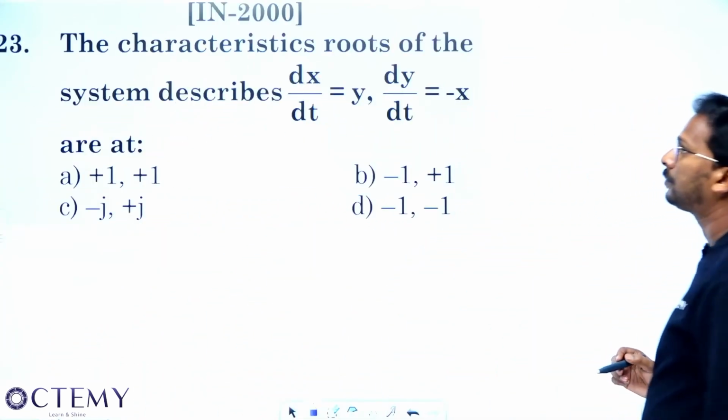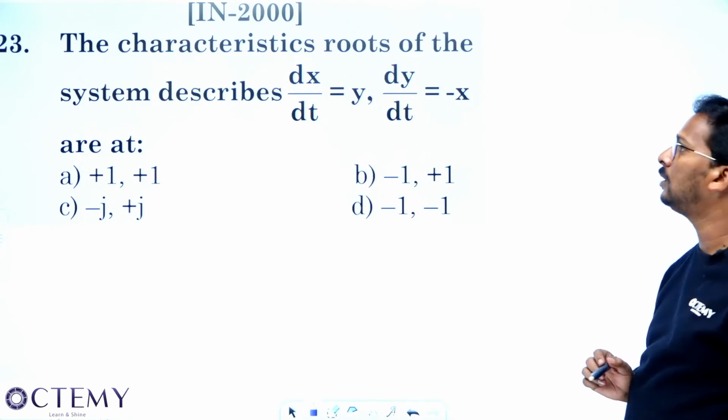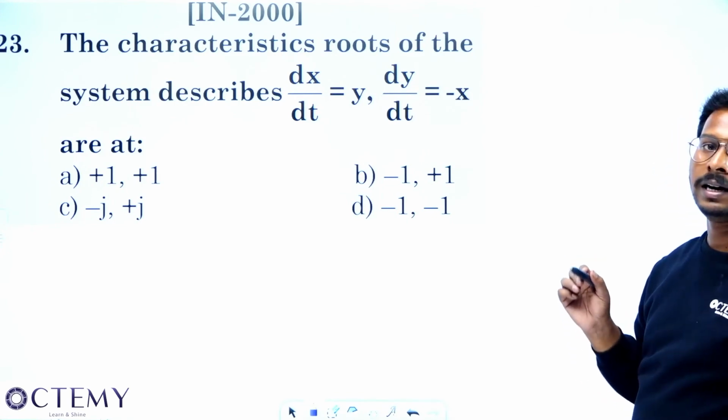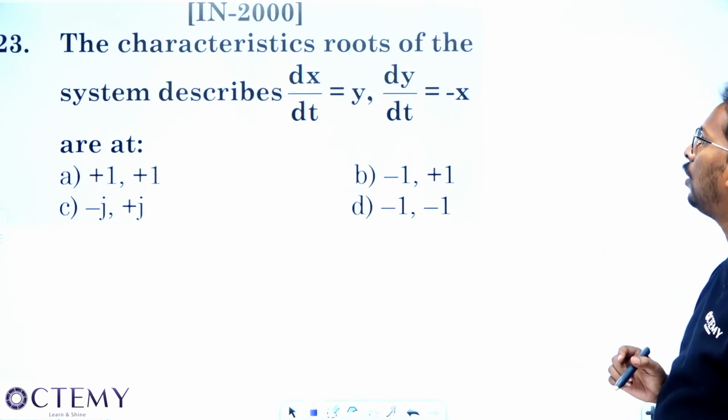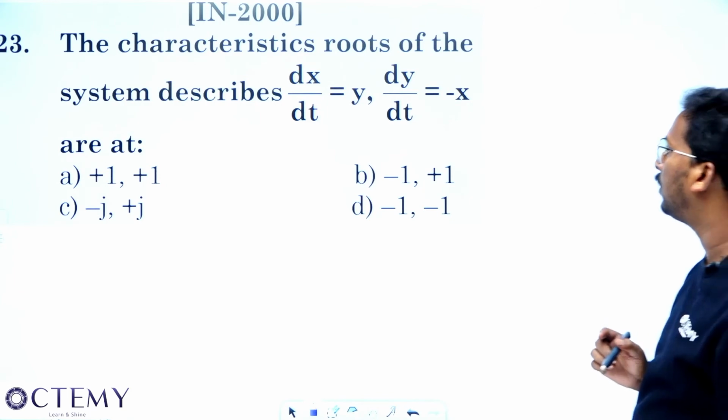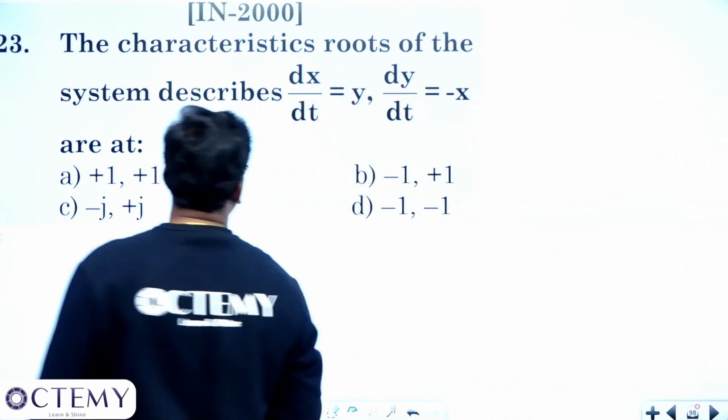Very good, sir. This is also a question which is only understood by your EC, IN, EE students only. The characteristic roots of the system described by. Whenever you get a system described like this, you'll write it like this.